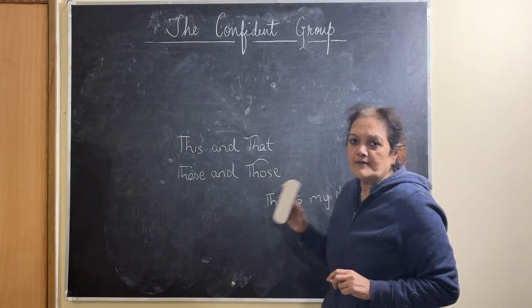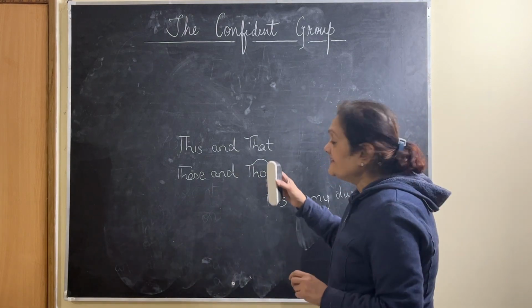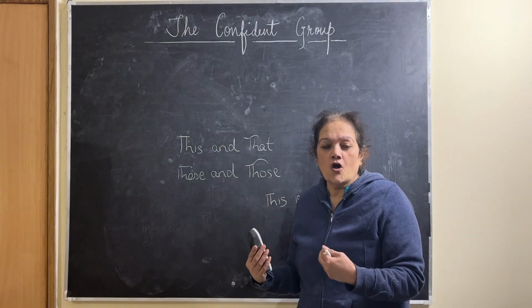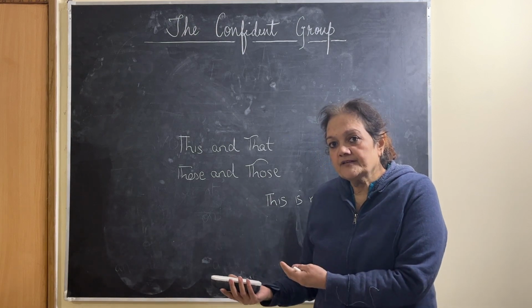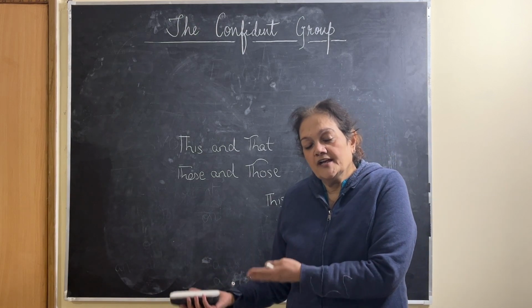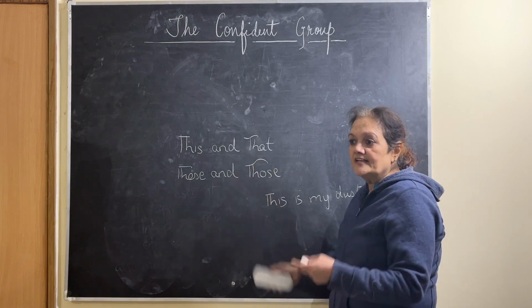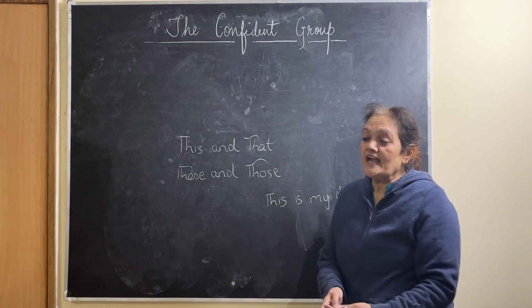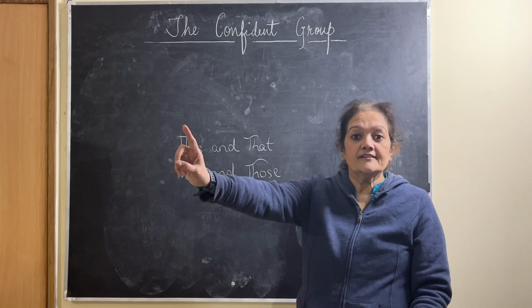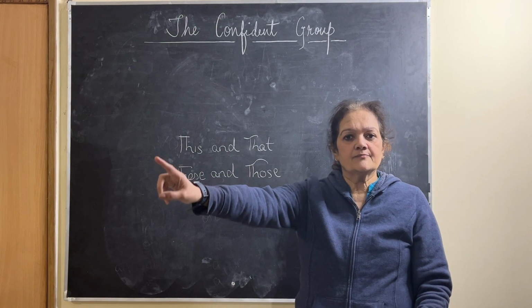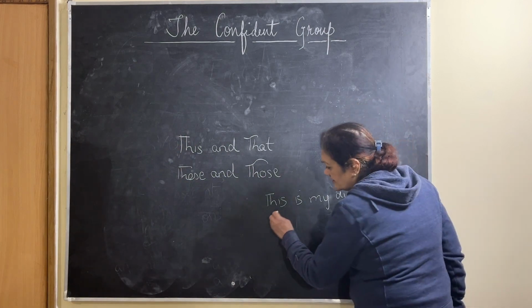This is my duster. So anything that is near you or kept beside you, we use this. And what about that? Something that is far away, we point out and use that.